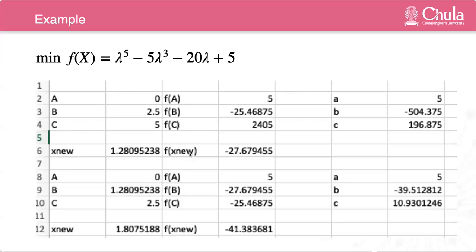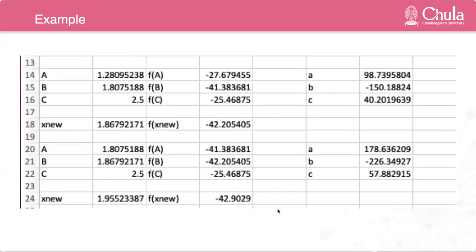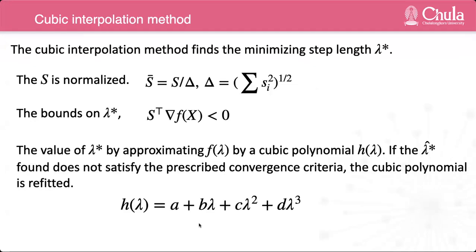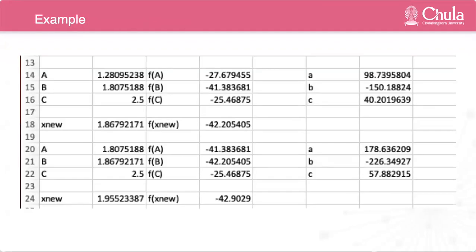You need to evaluate just the objective function at the new point. Then you can approximate the quadratic function again and find the new point. You repeat the process again and again, and you obtain the solution closer to the minimum point. For those who are interested in the MATLAB code, I already gave it to you in the Line group.